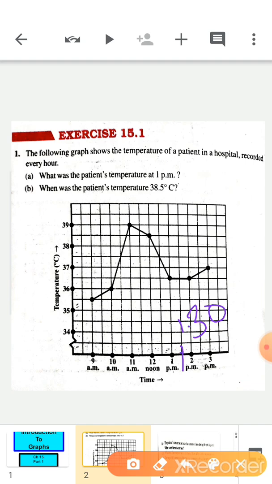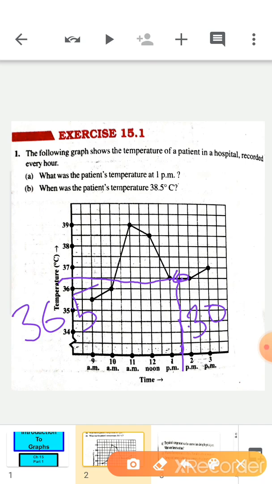Then move towards the upward direction. The moment this extended line touches this line, point down and move toward the left side, so you will get the answer. So the answer will be 36.5. So at 1:30 temperature will be 36.5.